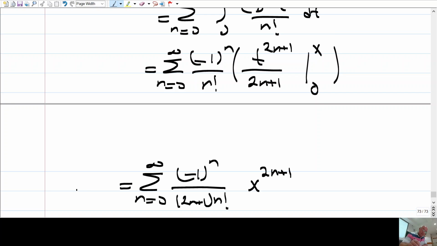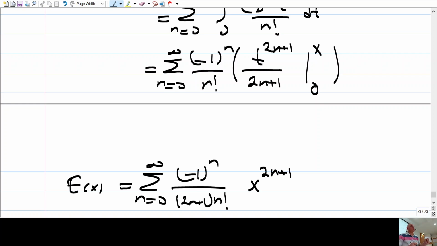So that's it. This function, we don't know this function in terms of elementary functions, but this is the best thing you may have. It is just this power series. It is the function given by this power series.